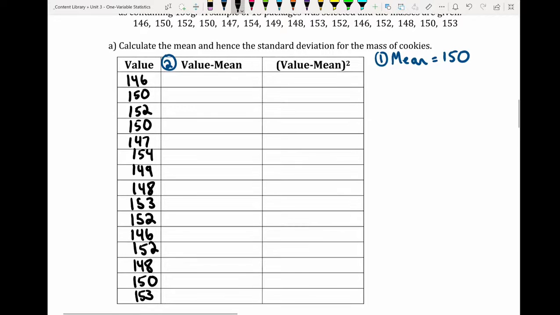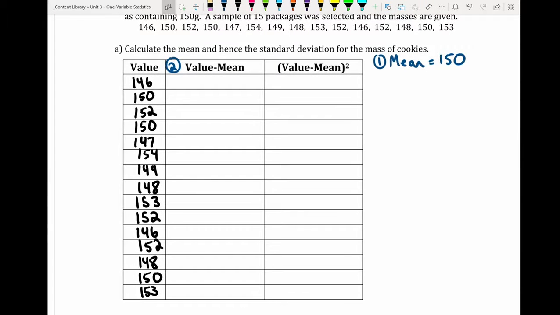So I have all my values laid out. So now I have to do the value minus the mean. So I'm going to take my value, so in this case 146, I'm going to minus the mean, which I found to be 150, and get my answer as -4. And I'm going to go through and do the same thing for every value.